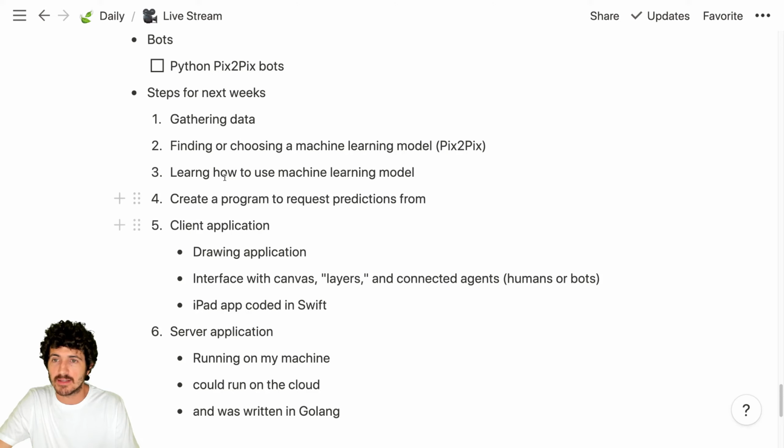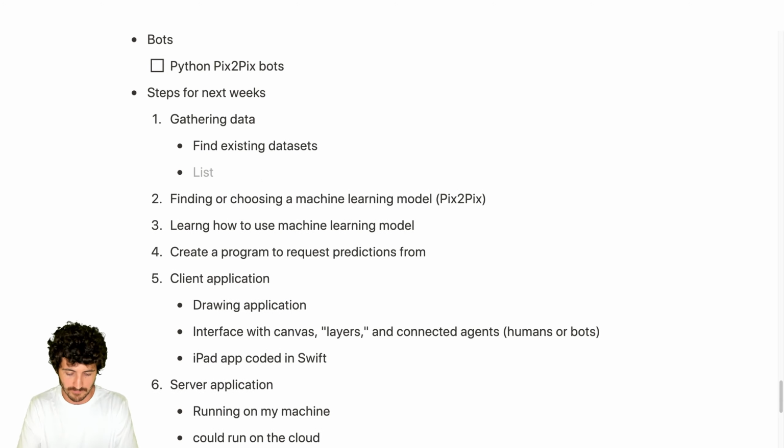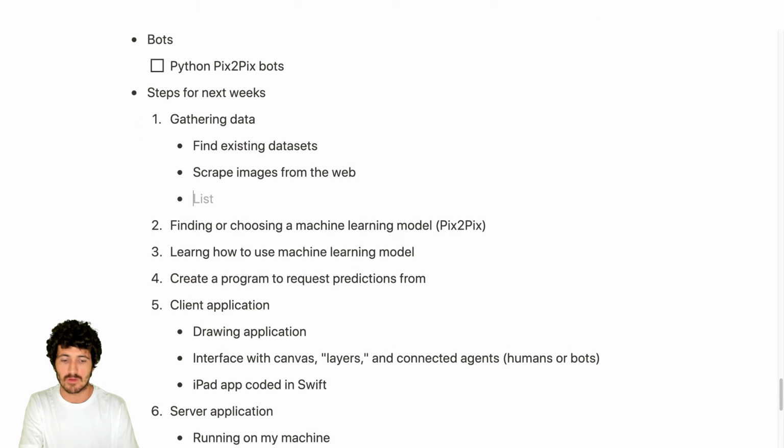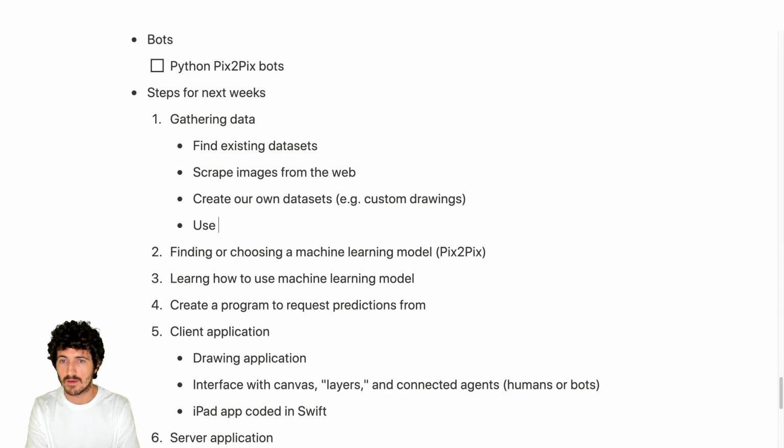Hopefully generate new data sets, gather data, find existing data sets, maybe scrape images from the web, maybe create our own data sets, for example custom drawings, which is something that I have, and use strokes from the Suggestive Drawing system.